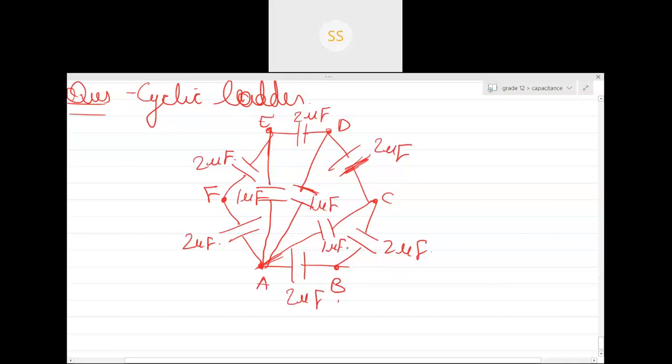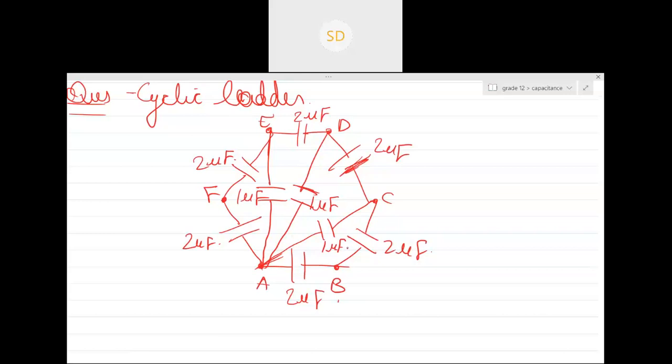Tell me, how will we deal with this question? So we start from the capacitors between A and E. First of all, 2 and 2 will become in series, right? So 1. The final answer is 1. No, the final answer is not 1.